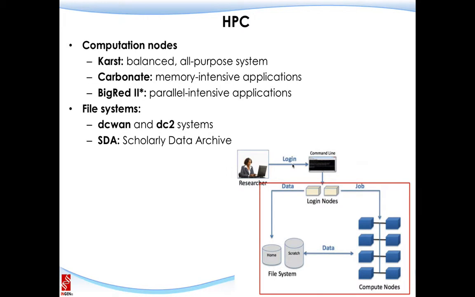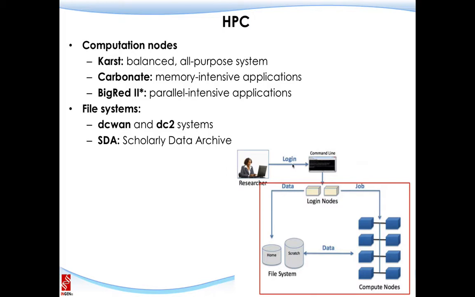Those are the computational nodes, where your job is submitted, and your data is actually put into a separate file system, either DC1 or DC2, and all the data will also be backed up in the SDA system, which is a tape-based Scholarly Data Archive.